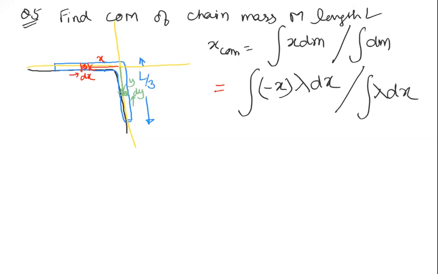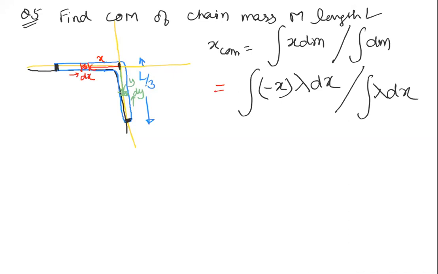And then you have to choose the limits of integration, and the limits of integration are always chosen by looking at the extreme elements. This is one extreme element, this is one extreme element, this is one extreme element.